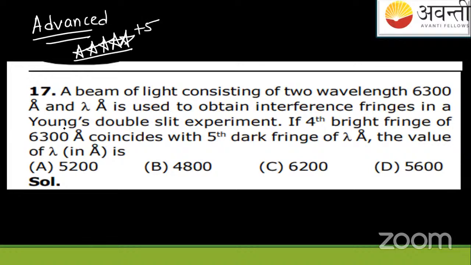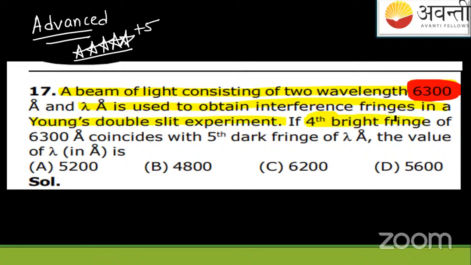So the question is in front of you. I'll read it and you have to solve it first. I'll give you 5 minutes because it's an advanced numerical. A beam of light consisting of two wavelengths, 6300 angstrom, this is the first one, and lambda angstrom, is used to obtain interference fringes in Young's double slit experiment.